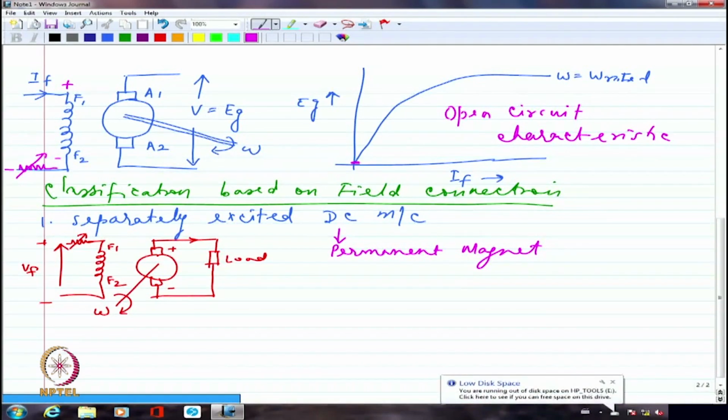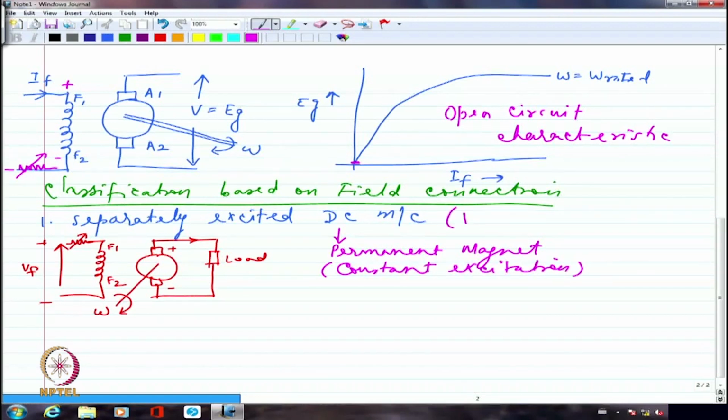It is a given that the flux is going to be so much. I can't really vary the excitation. So here it's a constant excitation. I can't vary the flux. Whereas here it is variable flux. I will have variability in the flux.